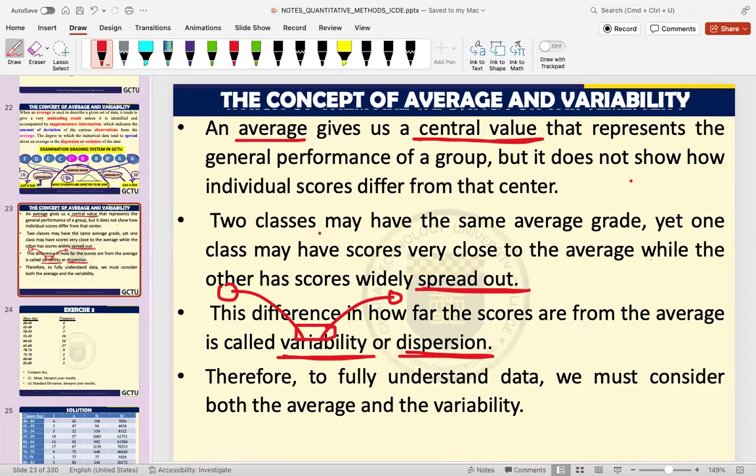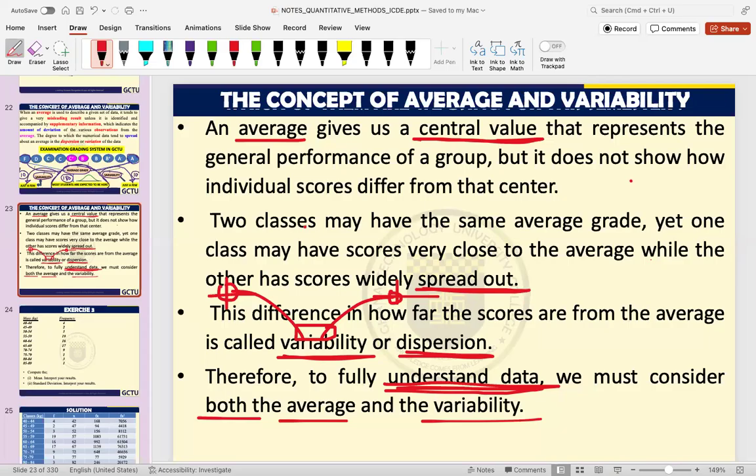When these things are clearer to you, then you can say that you fully understand any data that you are given. This is the full understanding you can have about any data, that you know both the average and the variability. And once you put them together, you know your starting point and then your ending point or your stopping point.